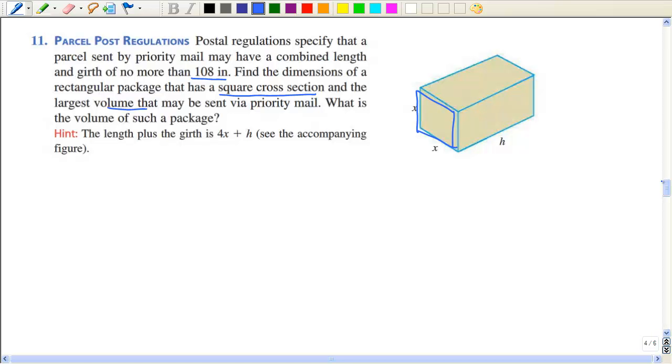And they give us a hint, I'm glad, because the length plus the girth is 4x plus h. So when you wrap it around here, that's 4x plus h. And we have to have no more than 108 inches. So 4x plus h has to be less than or equal to 108 inches. And we want to maximize the volume.